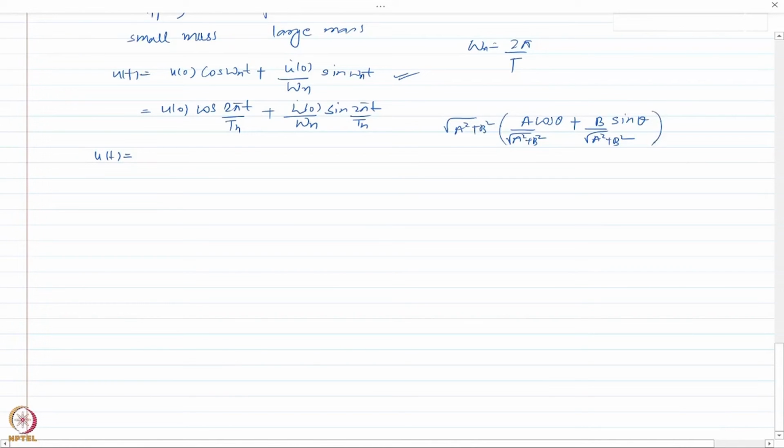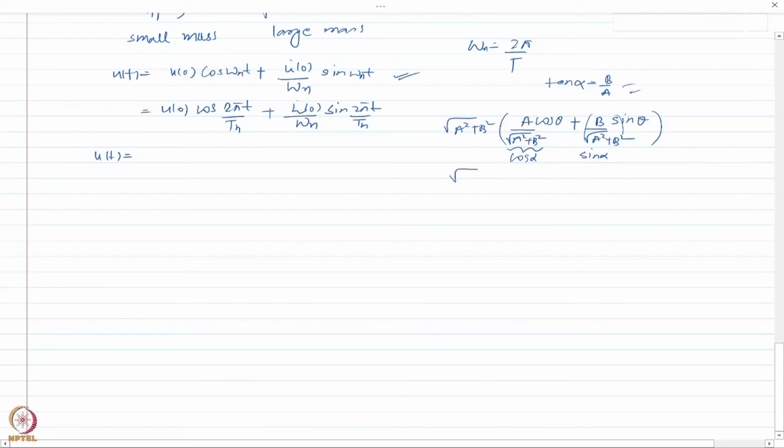If you look at this carefully, if I consider tan alpha equal to b by a, then this expression is nothing but sine of alpha, and this expression is nothing but cos of alpha, where tan alpha is b by a.